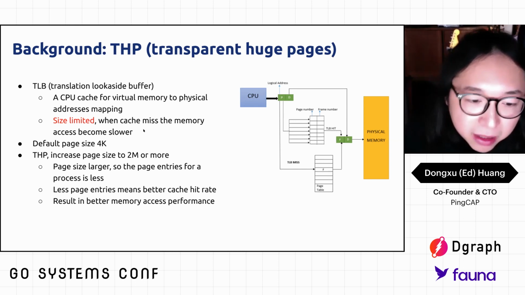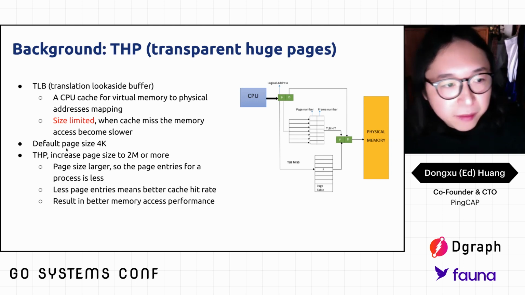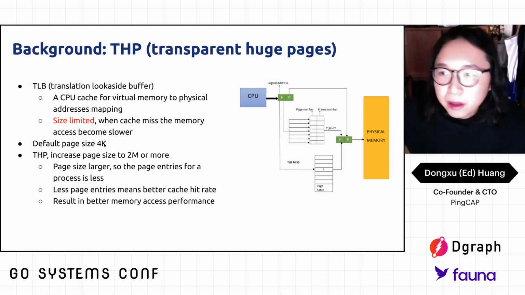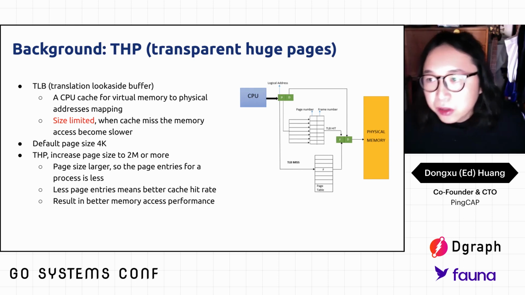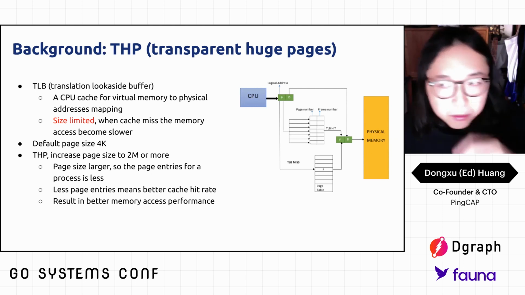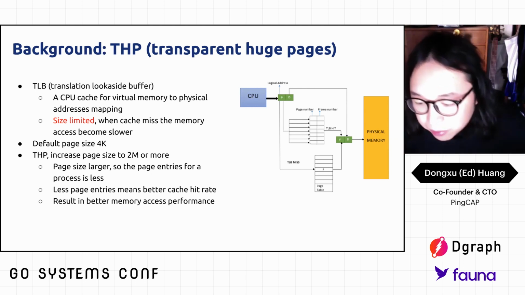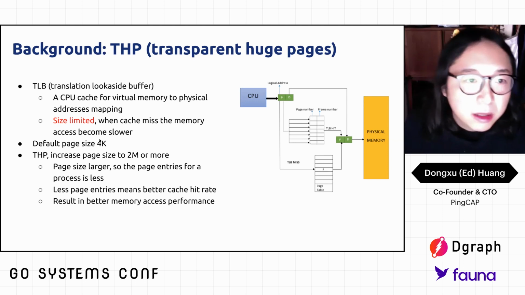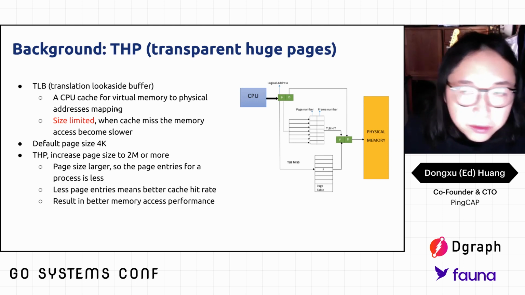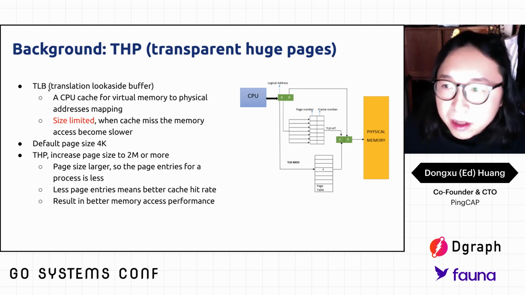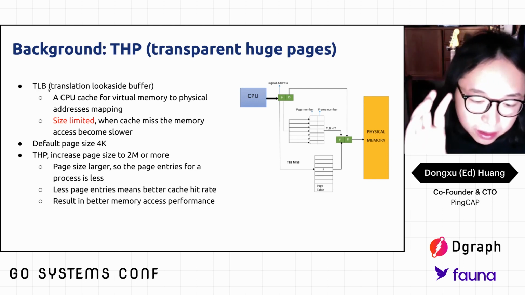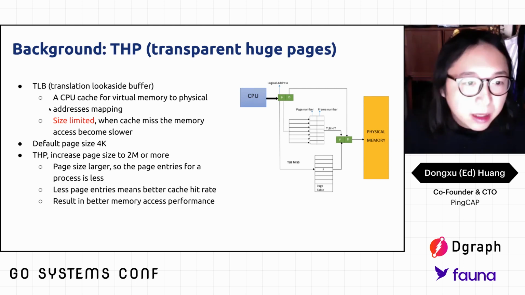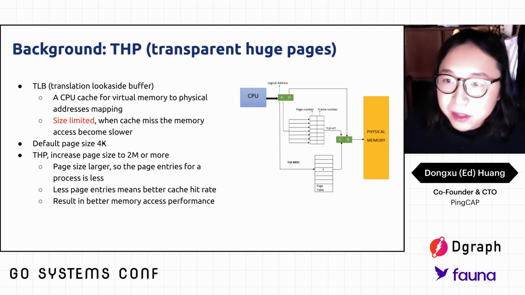By default, the operating system uses a 4K page size. So if you have a very large memory, you may have a lot of page records, and the percentage of entries that can be cached in the TLB is limited, because there are so many page entries when using 4K pages.